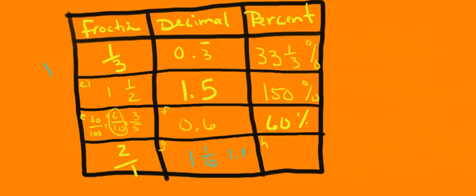Let's do this. If you have a fraction of 2 over 1, what percent is that? 200? Absolutely right. 200%. So if that's 200%, can this be 1 and 1/10? Guys, please settle down. What does this have to be as a decimal?